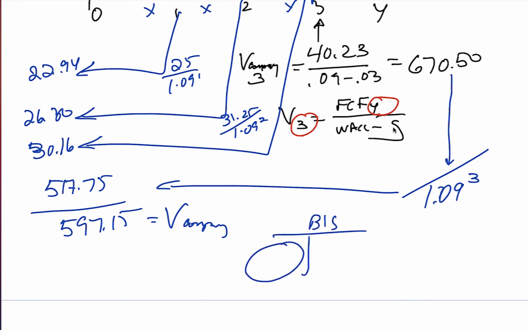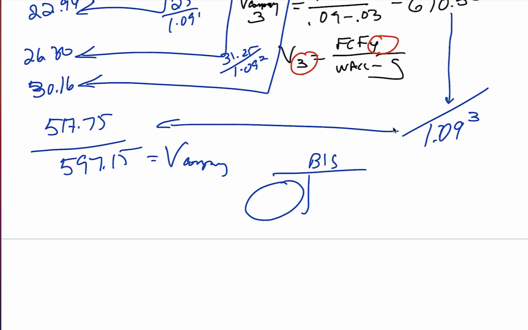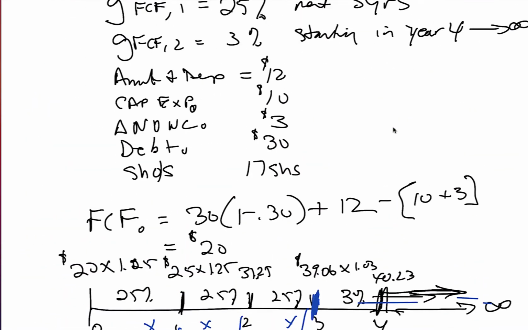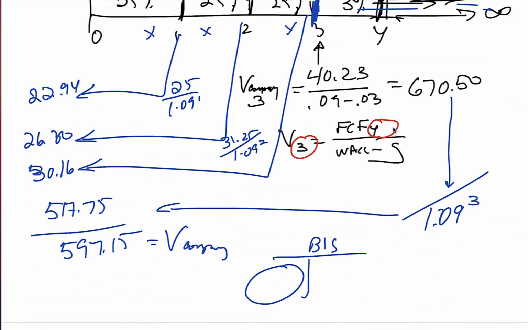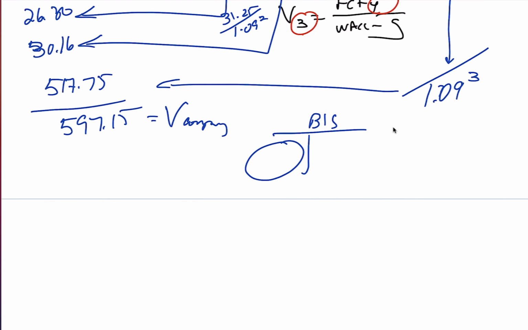Now we have to subtract off debt. And remember, debt here, where is it? Here it is, $30, and the number of shares is 17. So this is 597.15, this is 30, so this has to be 567.15 divided by 17 shares.